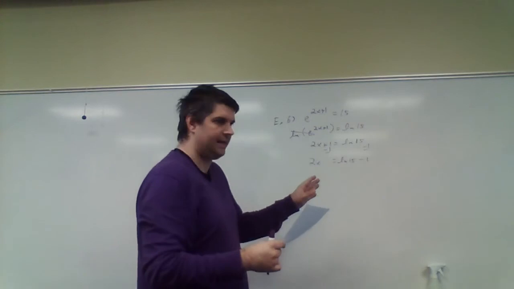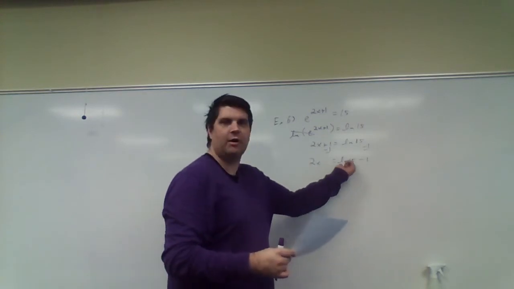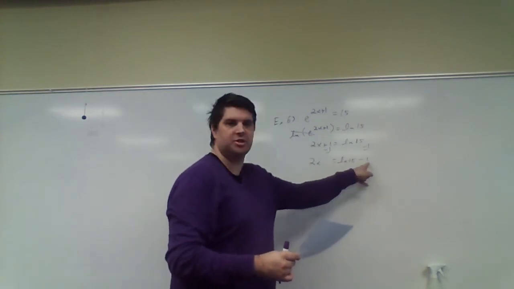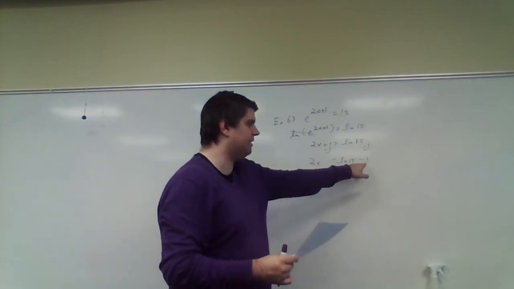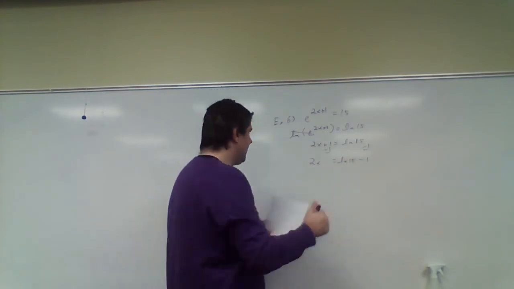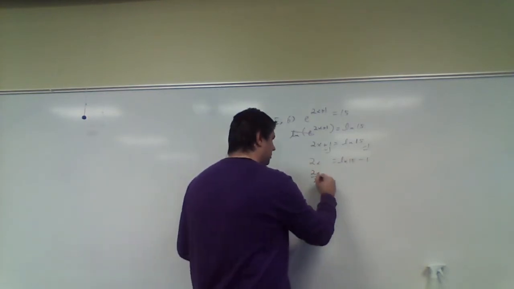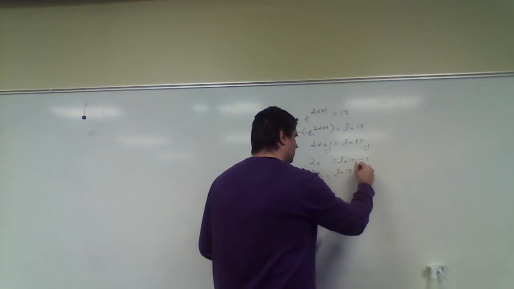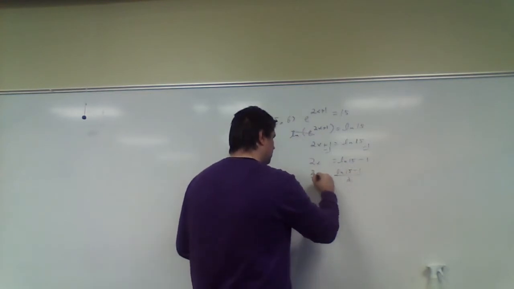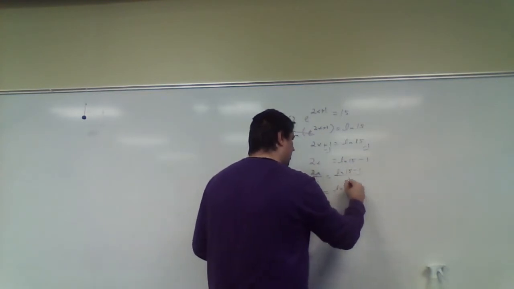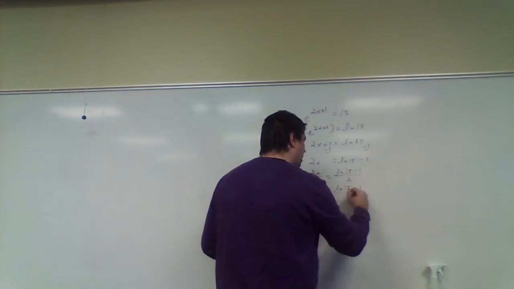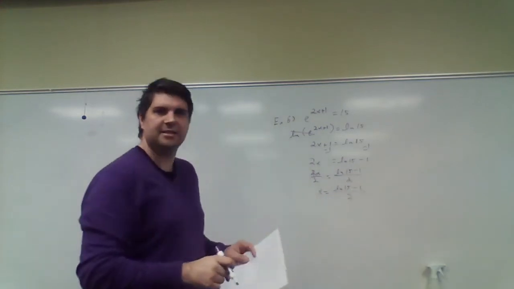Don't combine these. This is irrational, 1 is rational. They don't combine, so you have to keep them separate. Next, you'll divide by 2. So x equals the natural log of 15 minus 1 over 2. And that's the exact solution.